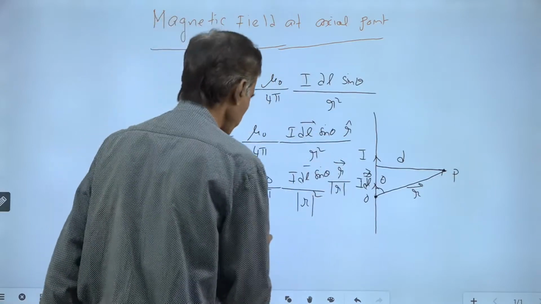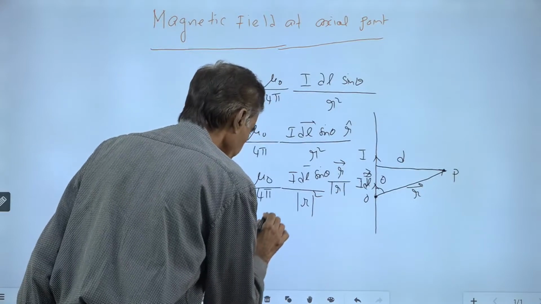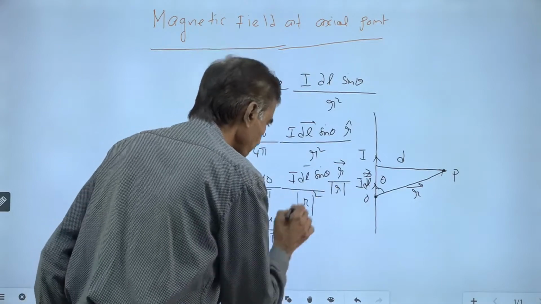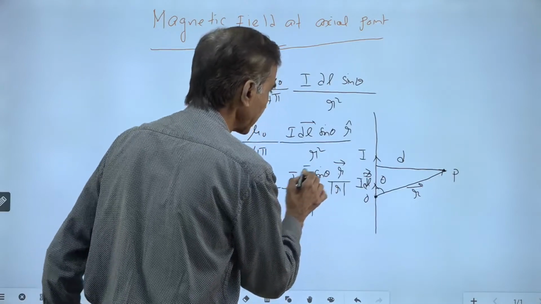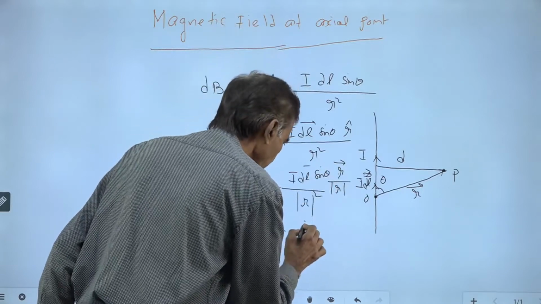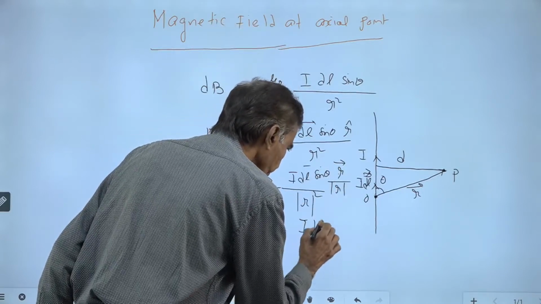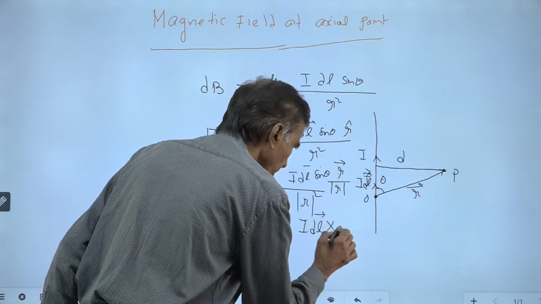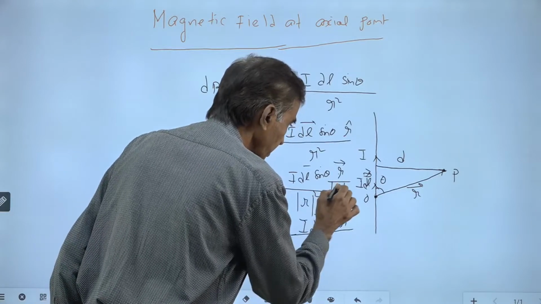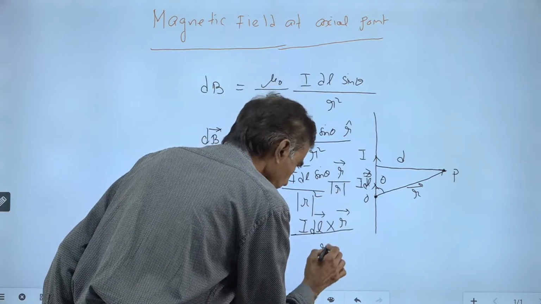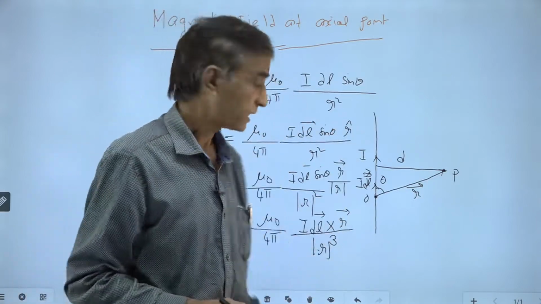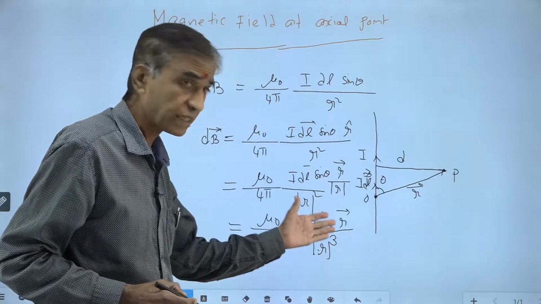So, in this form it will be mu naught by 4 pi into IDL cross R vector divided by R into R square into R, that will become magnitude of R cube, right? This is our Biot-Savart's law in vector form.